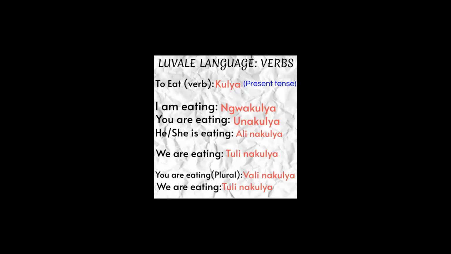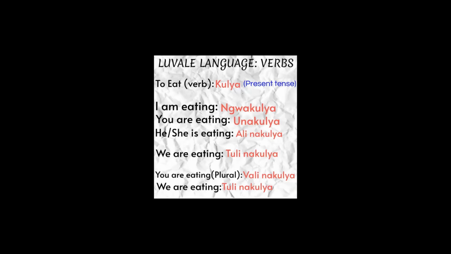So in present tense, there are two ways on how it's supposed to flow. Ngwakulia, unakulia, anakulia, and all that, but it's like I've just mixed them, but they all describe the situation in the present.